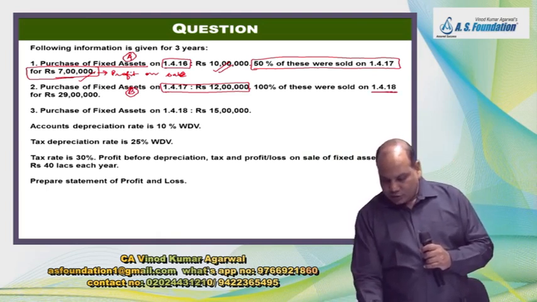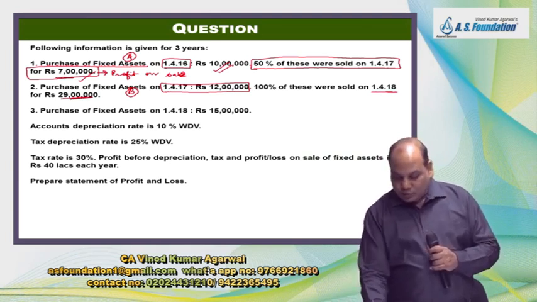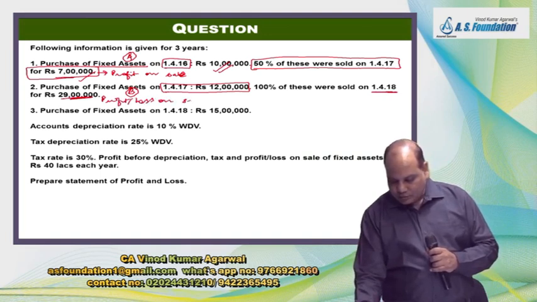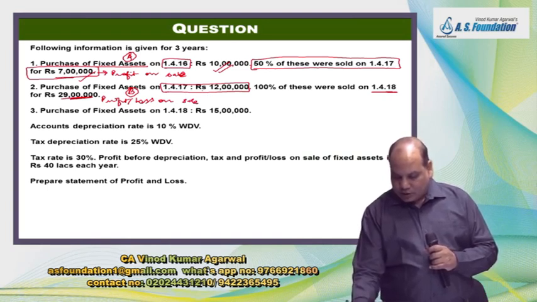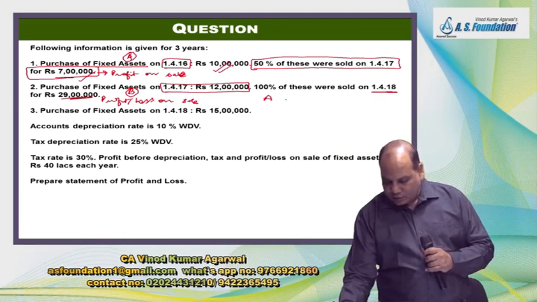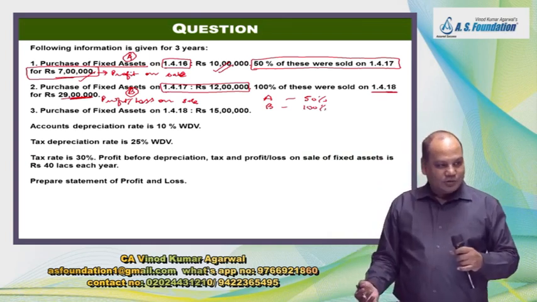So in the second year you will sell this B fully, and again you have to calculate profit or loss on sale in the books of accounts. But depreciation will be charged in the second year on asset A on 50%, on asset B 100%. Which means asset A still goes to the third year also.